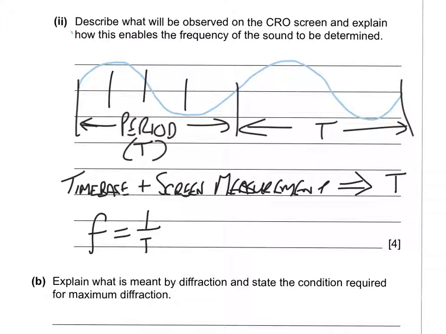If it's 4 squares, then that's 4 milliseconds for one cycle, and that means that the period is 4 milliseconds, and so f is 1 over 4 times 10 to the minus 3. So once you've got the T value from making a measurement on the screen, looking at the time base setting, you can then convert it directly to a frequency.